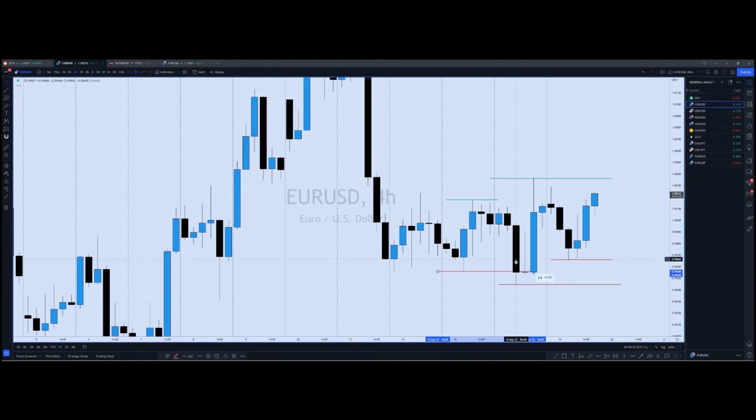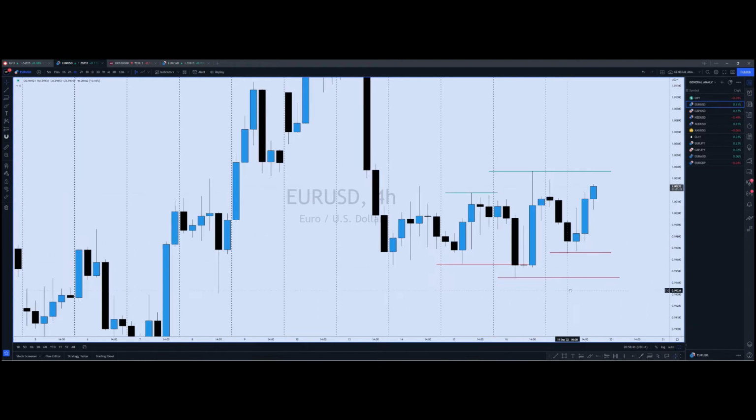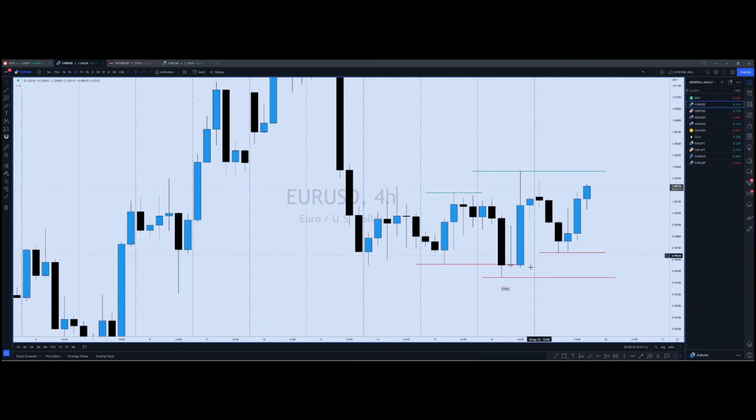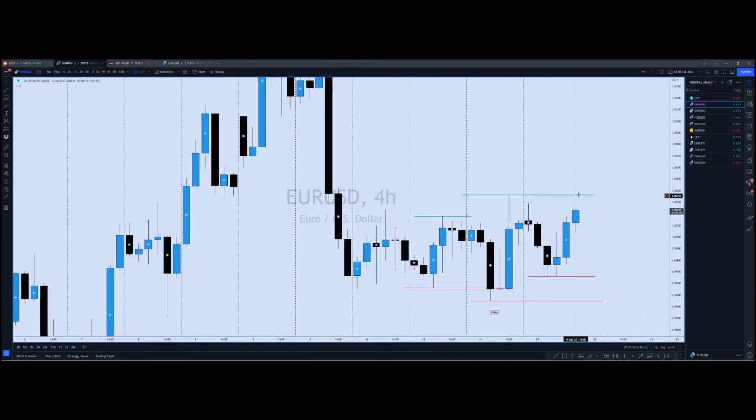So because we took out the low and expanded up, and also if you pay attention, that's Friday, we formed a low on Friday. That means there's a high probability price for this week will go up before going down because there was a purge.